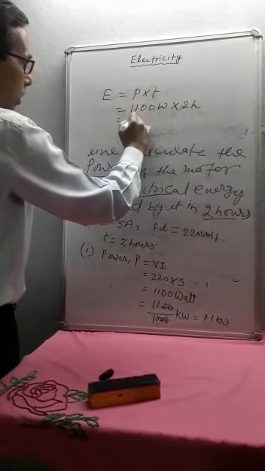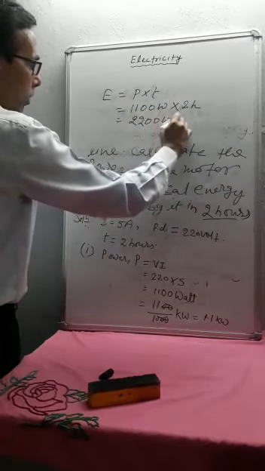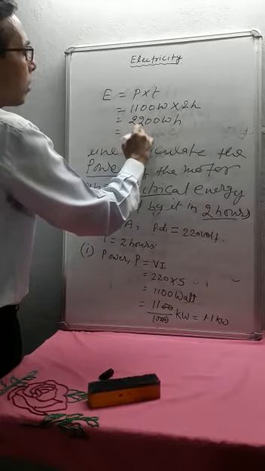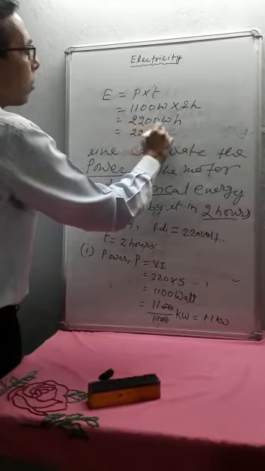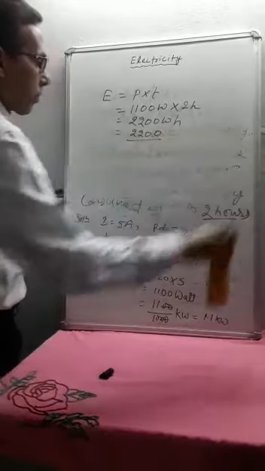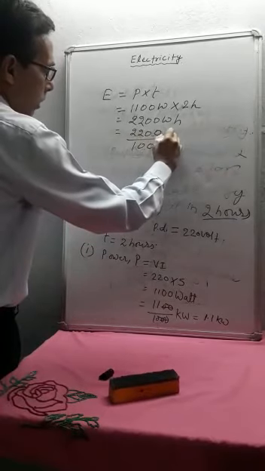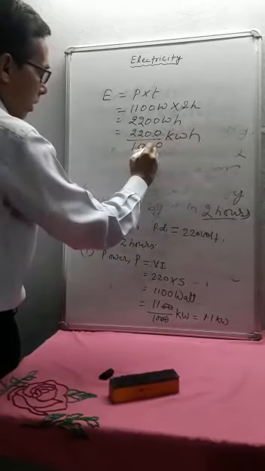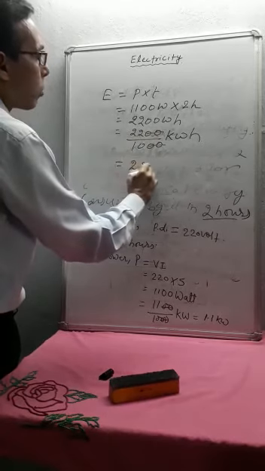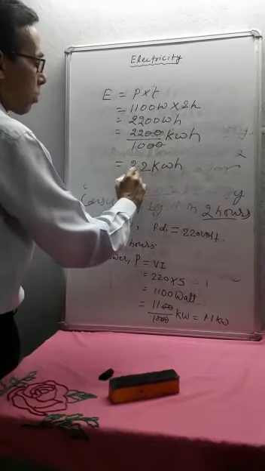So here 2200 watt hour. When it is divided by 1000, then it becomes kilowatt hour. 00 cancel, so 2.2 kilowatt hour. This is the answer of this question.